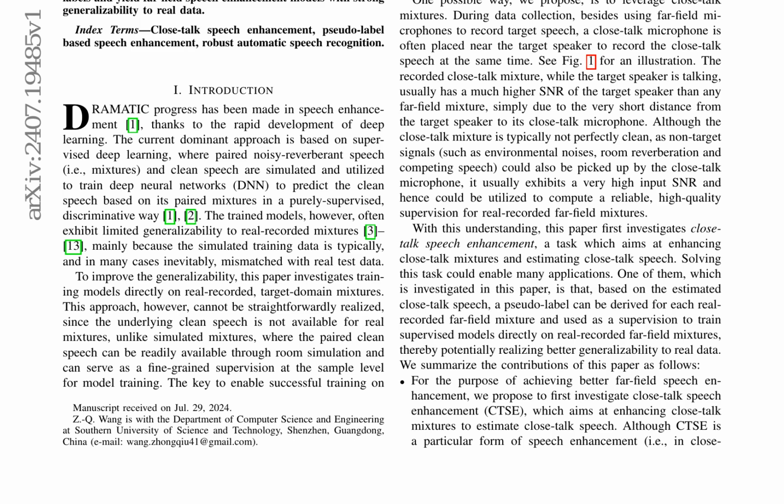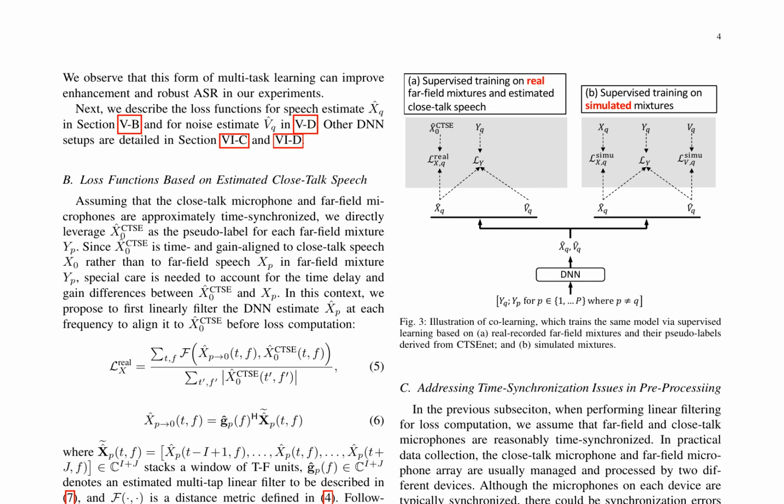The ctPuLSE algorithm utilizes a speech enhancement model, ctSE-net, trained on simulated mixtures for closed-talk speech enhancement. The ctSE-net model is then applied to enhance real recorded closed-talk mixtures, resulting in estimated closed-talk speech.